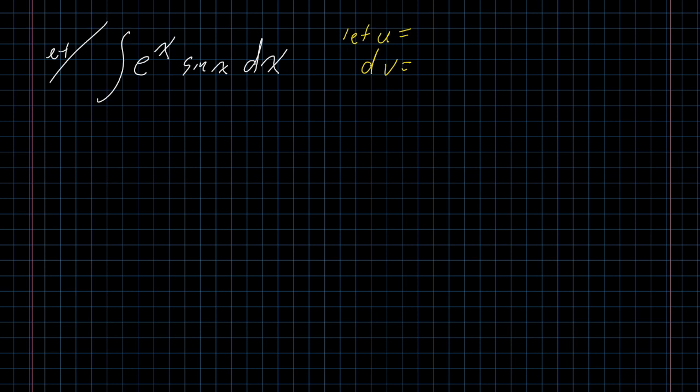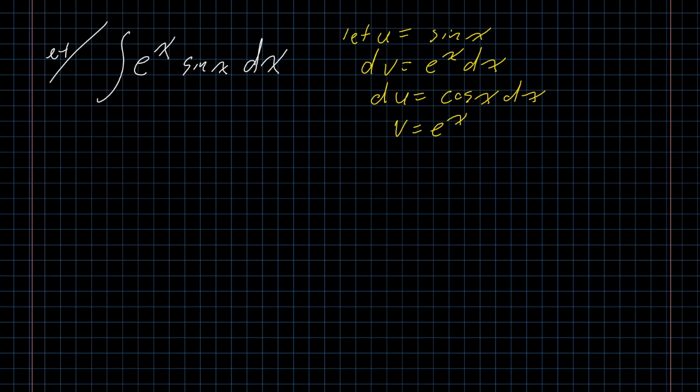It's true, lazy people ride the elevator, trig before exponentials. So I'll let u equal sine x, and then dv is going to be e to the x dx. Which means that du is going to be cosine x dx, and v is just going to be e to the x.